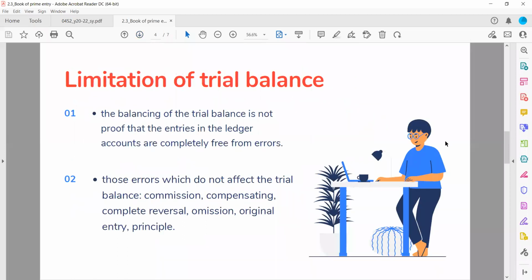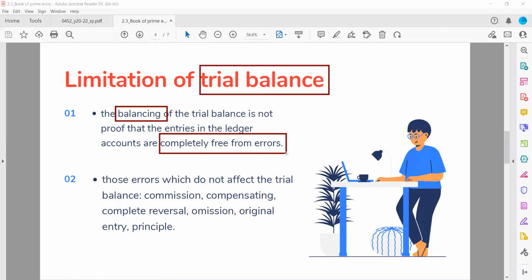Next is the limitation of the trial balance. The trial balance has a limitation. The reason is that some errors cannot be detected because the trial balance can still balance. So we do not know whether the account is right or wrong, and it is not completely free from error.